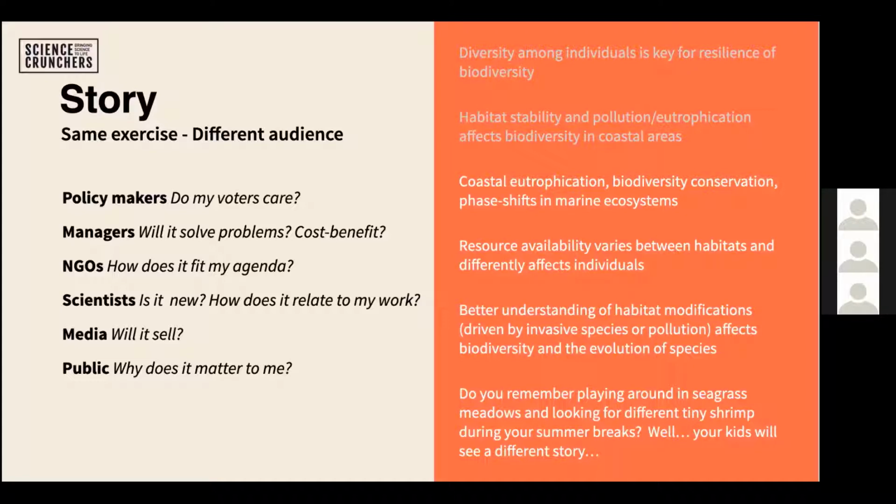Maybe they will not be able to play around with shrimp because there's climate change and pollution that is degrading our habitats, and it will drive a biodiversity loss. Of course, these are all very generalistic examples on how to frame a story.